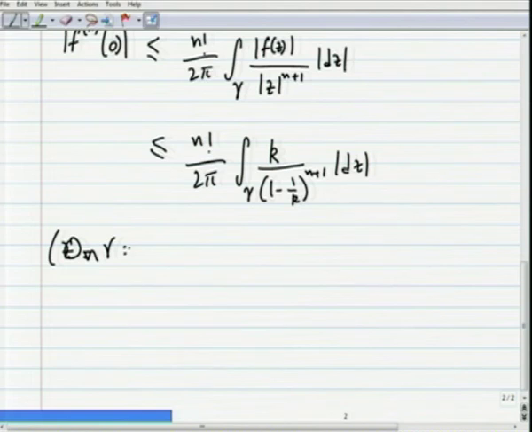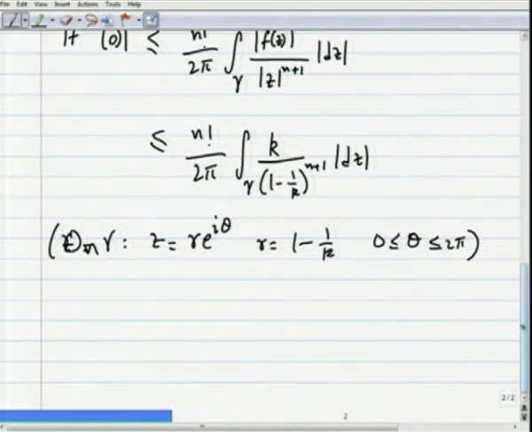On gamma, z is equal to r e power i theta, where r is equal to 1 minus 1 by k. So, theta goes from 0 to 2 pi. If that is the parameterization, then dz will give us r i e power i theta d theta, or mod dz will be r times mod d theta.